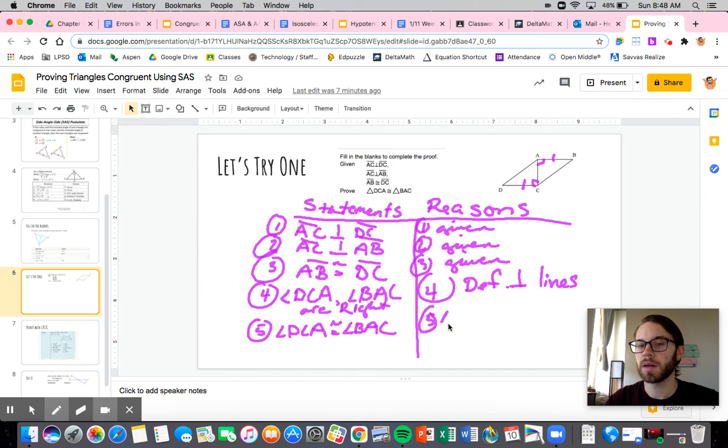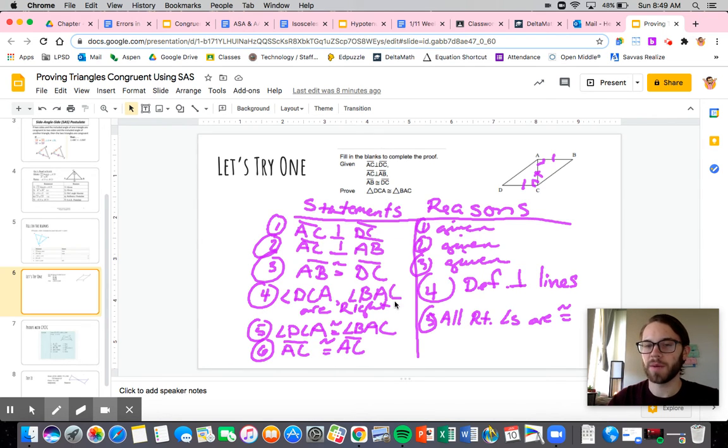And that's just because all right angles are congruent. All right. Now, we have a side, an angle, and oh, look at this. We have a shared side again. All right. So whenever you have the shared side, it's just going to be the reflexive property.